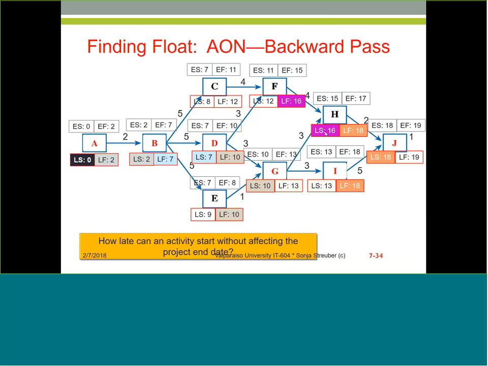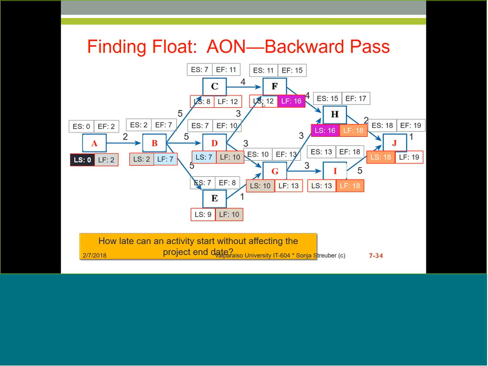All right then. So now let's go to F. If the late start for H is 16, which is 18 minus 2, then the late finish for F has to be the 16 here, right? 16 minus 4. The late start would be 12.